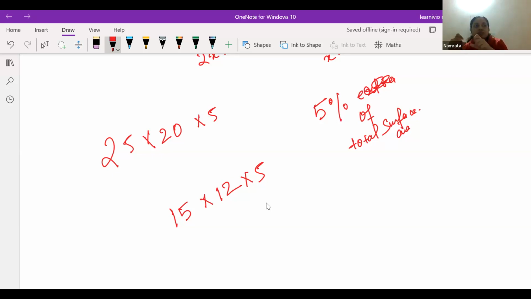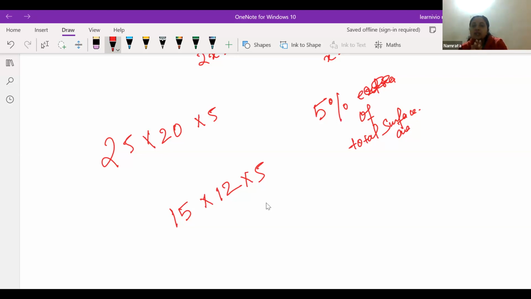Have you seen a cake box? There is a hidden overlap portion, the cutting portion and everything. Yes, ma'am. So it's talking about that overlap only.